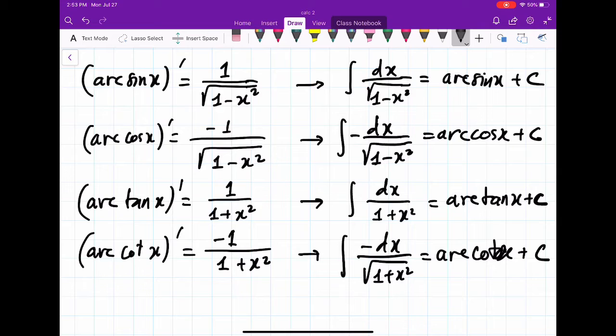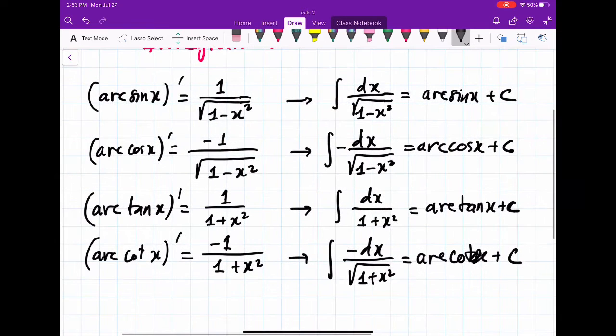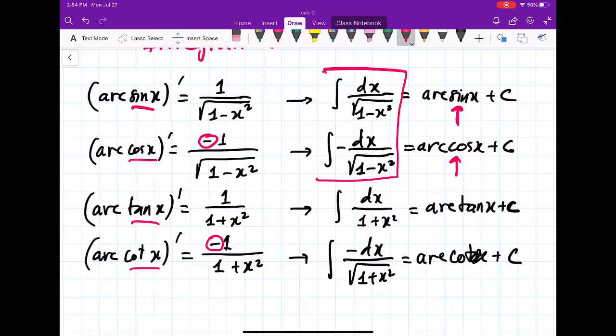Here we have to pay attention. The difference between cotangent and tangent is in the negative sign. The difference between cosine and sine here is the negative sign. But when you write like this, we need to understand that the domain is different. The domain of this function is different from this one, given that the two integrals differ only in the sign.